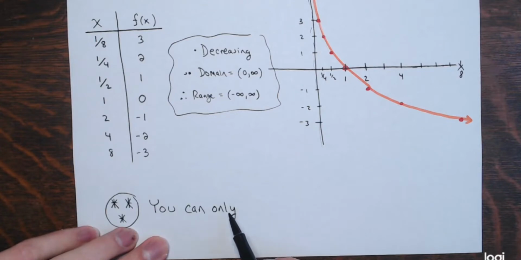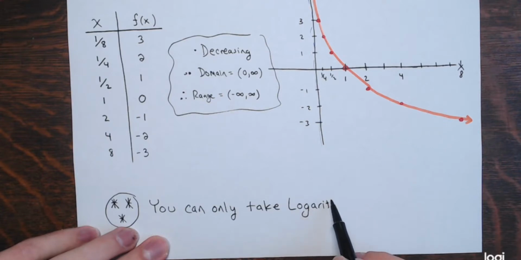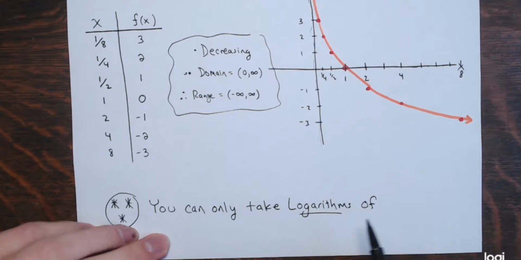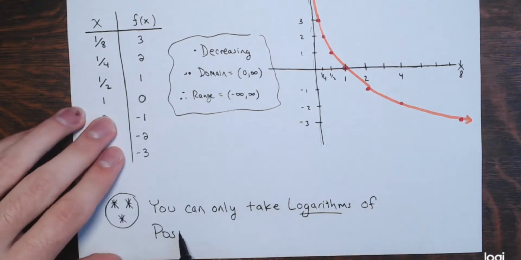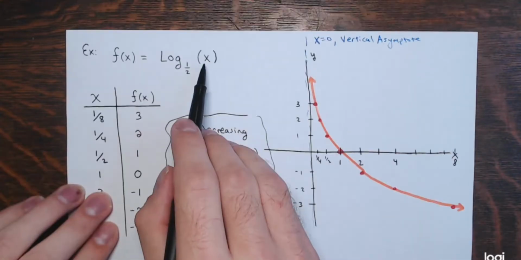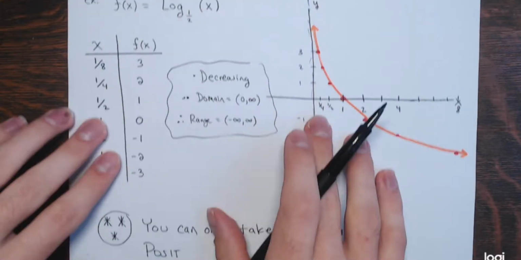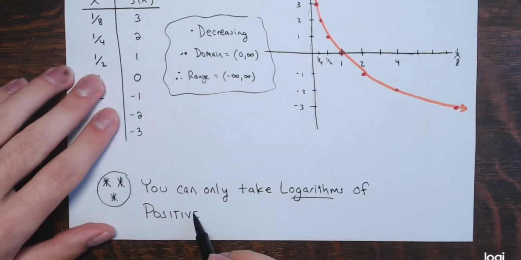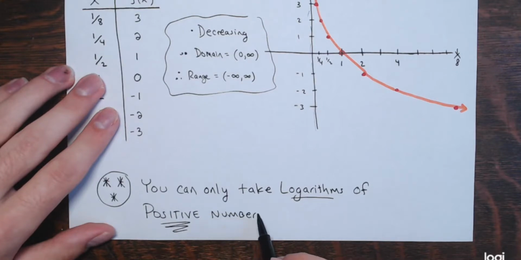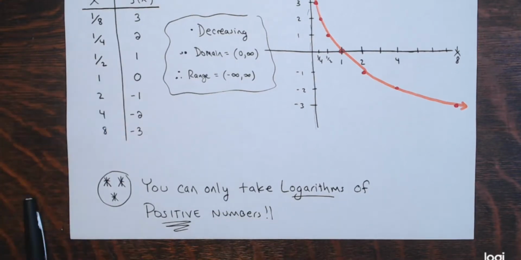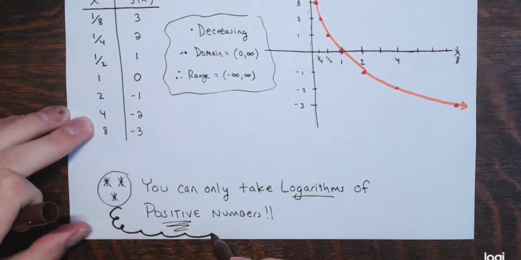So you can only take logarithms of positive numbers, right? They've got to be positive. So whatever number is inside the parentheses after the log has to be positive. And I'll put that in a little bubble. That is a huge statement, right?